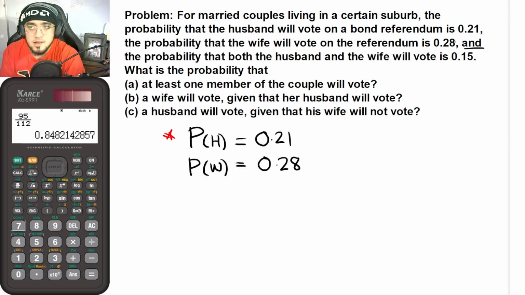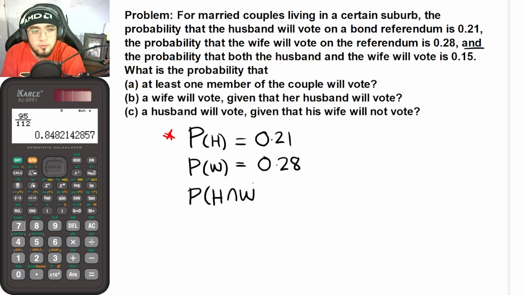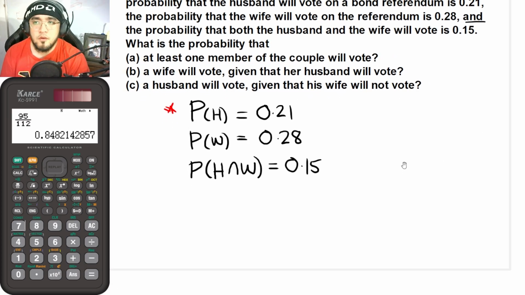Since we are getting the probability that both of them will vote, this is given by the probability of the intersection of H and W. So from that, this is equal to 0.15.